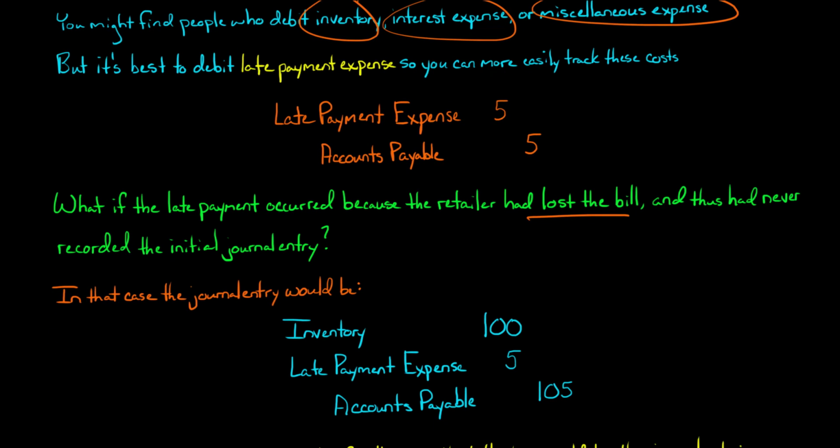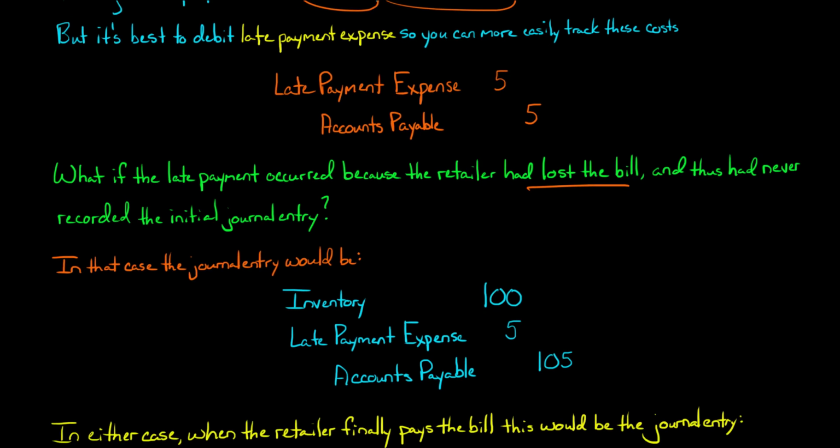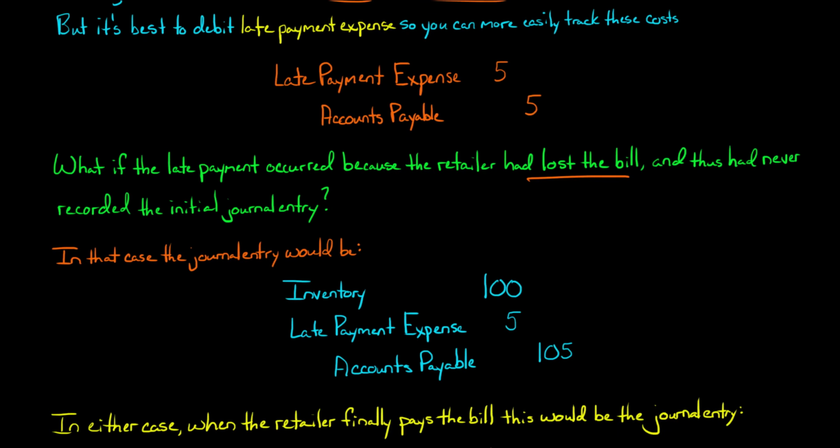So in that scenario, here's the journal entry that you would have. You would debit the inventory account for $100 because you never made that initial journal entry. Then you would debit late payment expense for $5, and then you would credit accounts payable for $105. So we're basically combining the journal entries into a single journal entry.